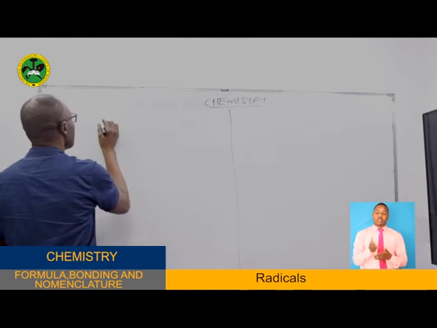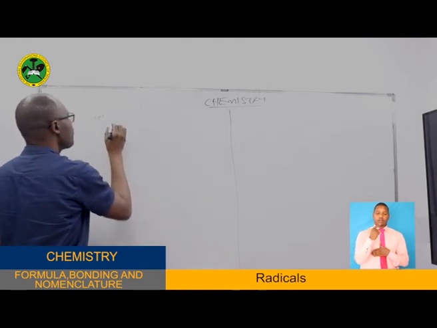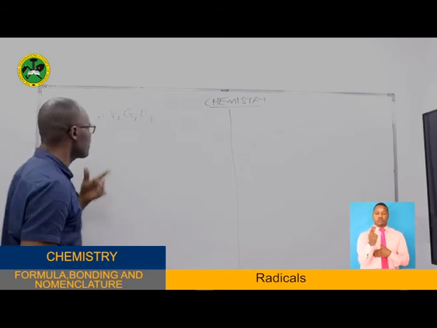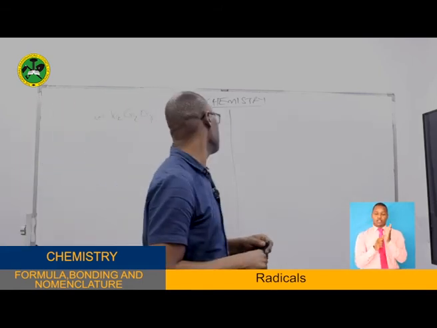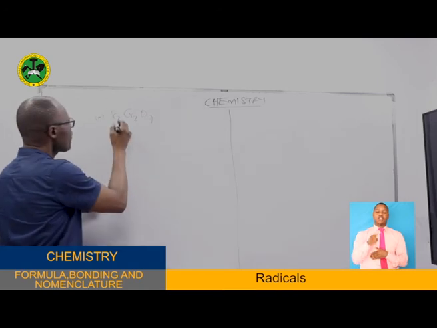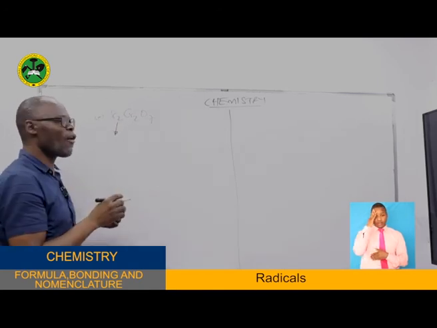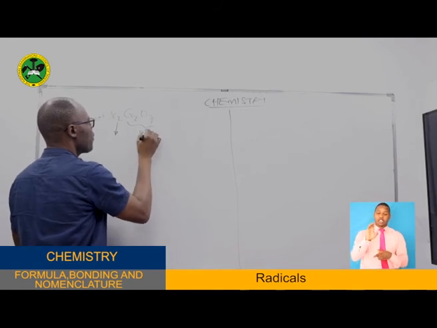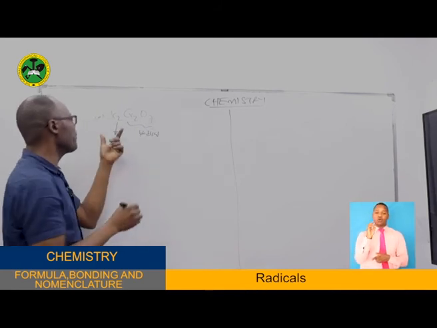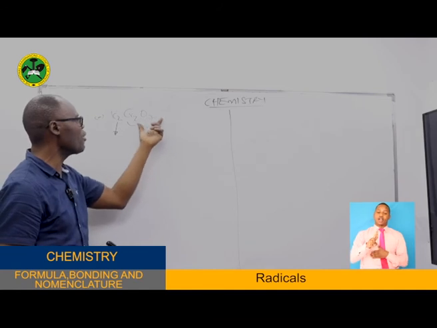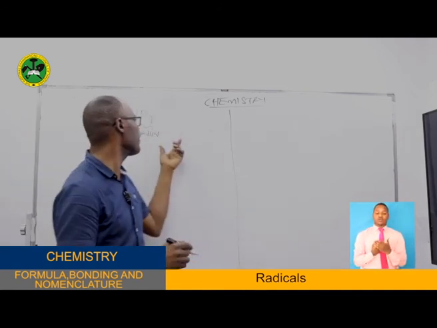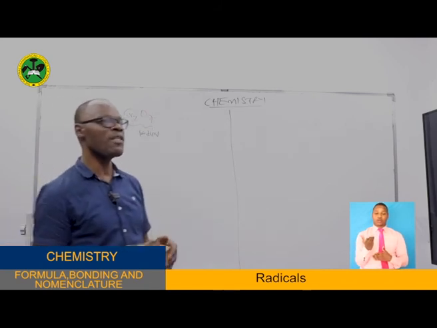Part A is saying K2Cr2O7. What's the name of this compound? We know this one is our metal, and this one is a radical. So we have a metal, potassium, and our radical Cr2O7. From our experience, in even the previous examples we have done, this radical is called dichromate.